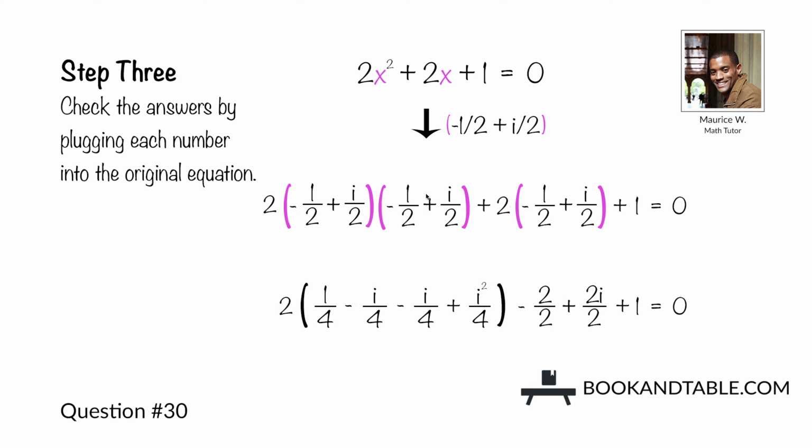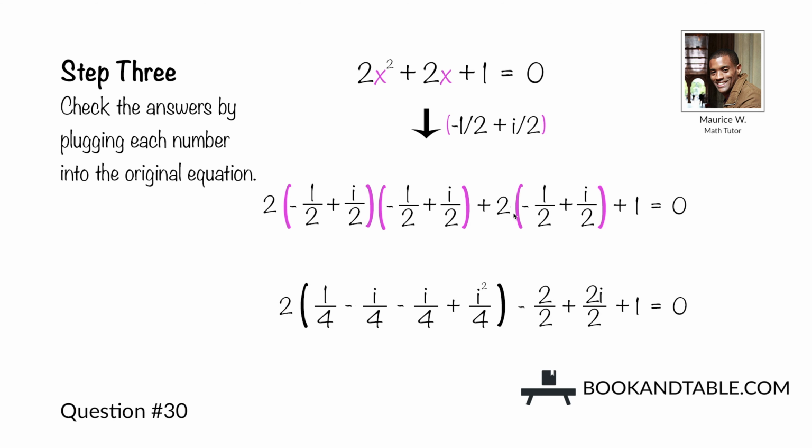Negative 1 times i gives you negative i over 2 times 2, which is 4. i times negative 1 is negative i over 2 times 2, which is 4. i times i gives you i squared over 2 times 2, which is 4.